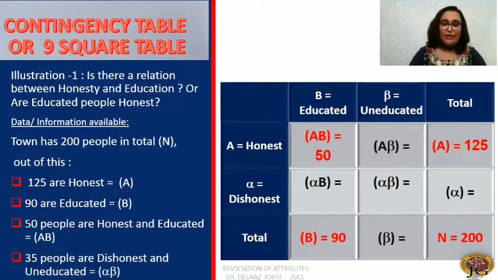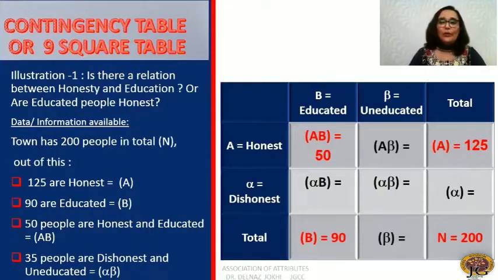N is equal to 200 here, yes or no? Absolutely. A was equal to 125, you have 125 too. B was equal to 90, who are educated people, and AB was equal to 50. Honest and educated: honest A, educated B, so AB is equal to 50.